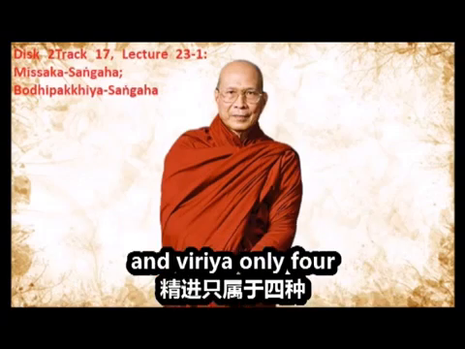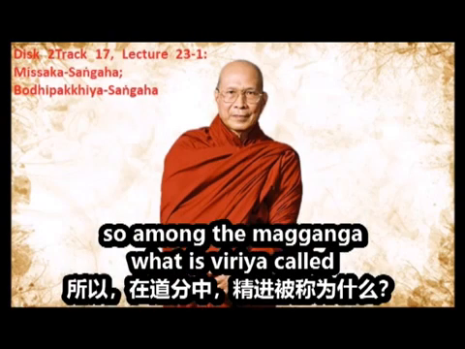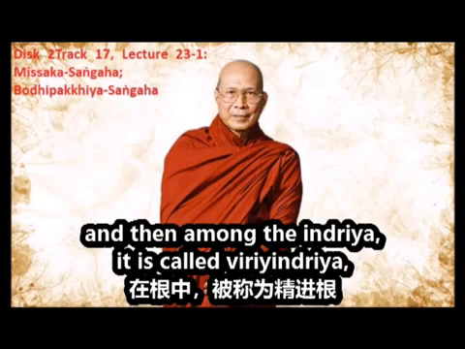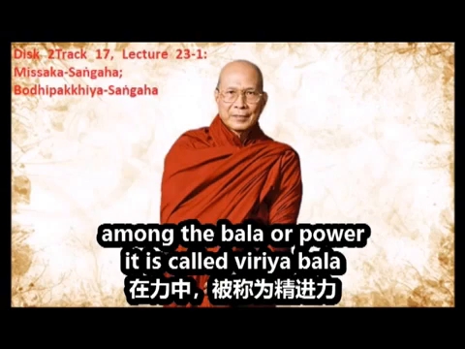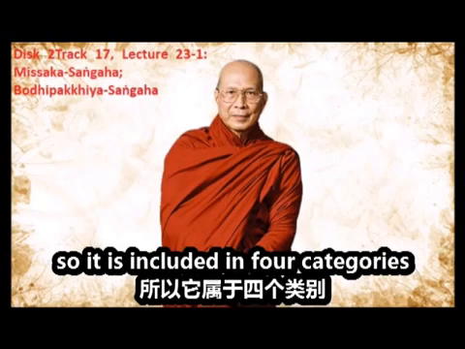And Virya, only 4. Virya is among Magganga. So among the Magganga, what is Virya called? Samma Vayama. And then among the Indriyas, it is called Viriyindriya. Among the Bala or powers, it is called Viriya Bala. And among the Adhipati, it is called Viriya Adhipati. So it is included in 4 categories.